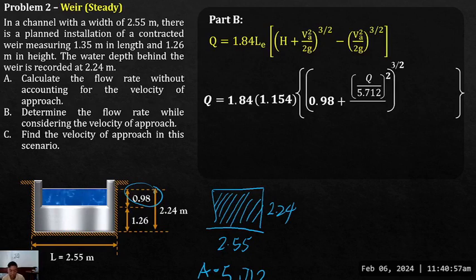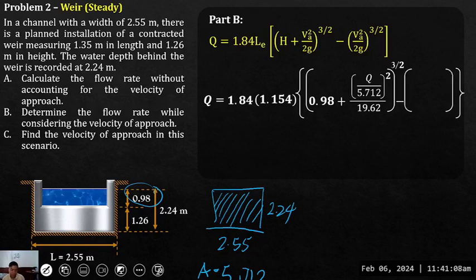So, ipagpatuloy mo lang over 2g. That is 2 times 9.81, yung Q ulit. Q over A ulit. Q over 5.712, over 19.62. Ayan, so meron na tayong isang equation, isang unknown, diba?